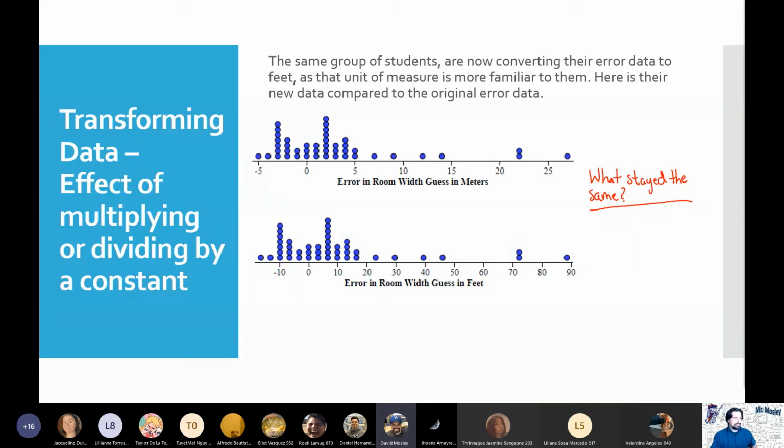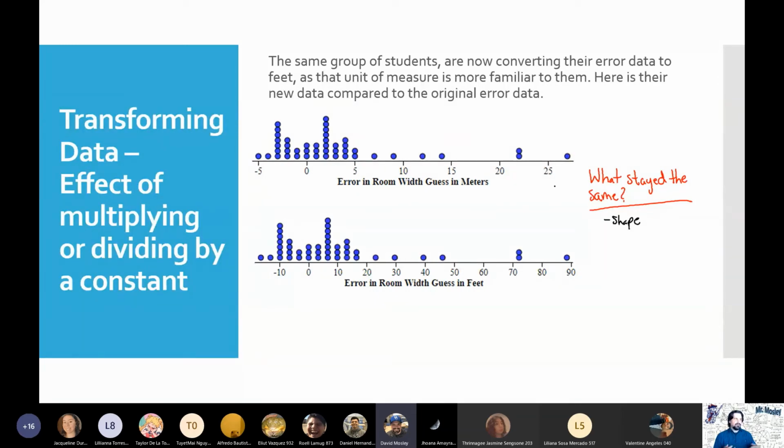The amount of data points stayed the same, yes, but their values, if you look, while they look the same, because the size, as far as the zooming of the graphs, looks the same, the values on the horizontal axis are different between the two. All right, so comparatively, the two endpoints, this one's at 27, this one's at like 89. All right, so our values have changed, but our shape has stayed the same.